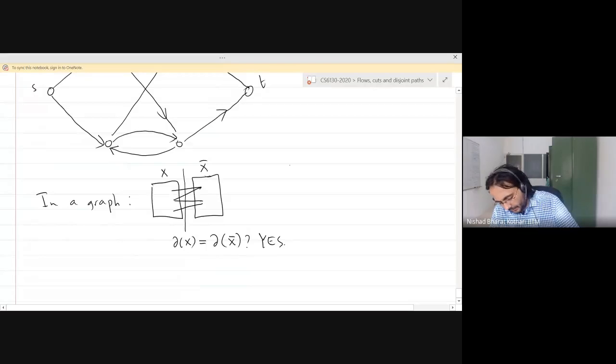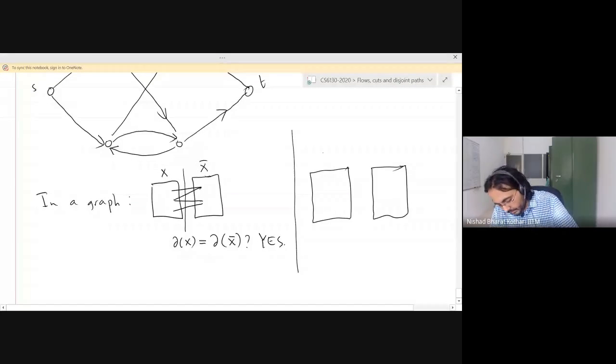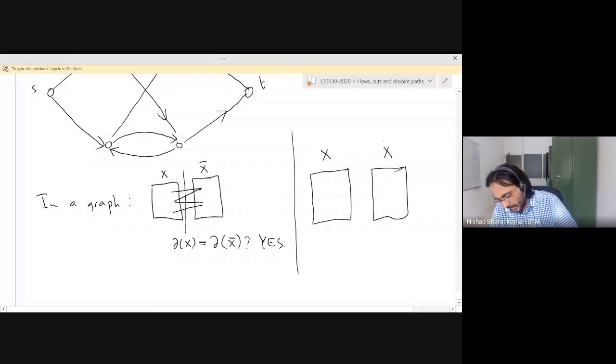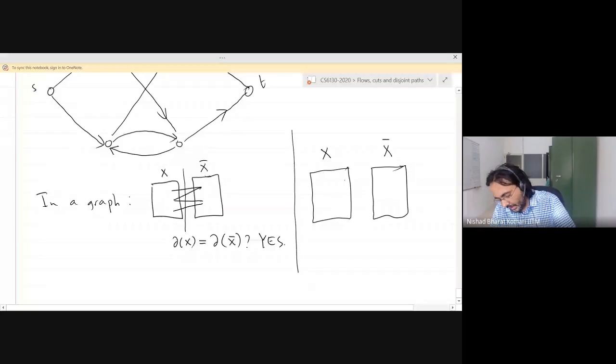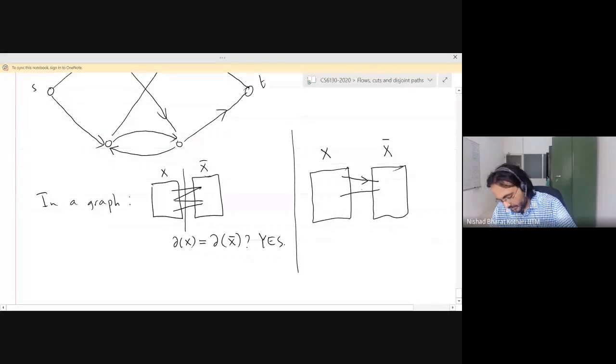So in a graph, this is true. In a directed graph, one has to be more careful as to what one means by a cut, right? So there are two types of arcs now, those going from x to x bar and those going from x bar to x. Okay.